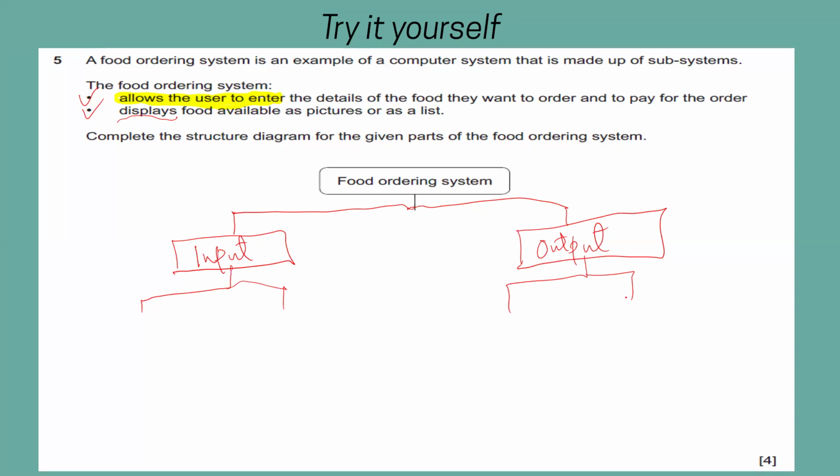Allow the user to enter details of the food they want to order and to pay for the order. Right? The second thing is food available as pictures or as a list. So what should we do?